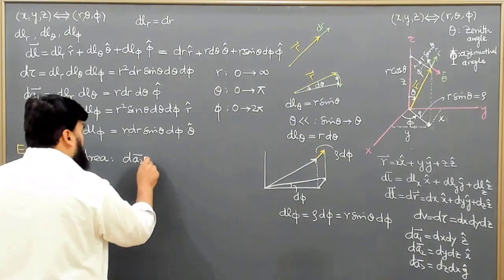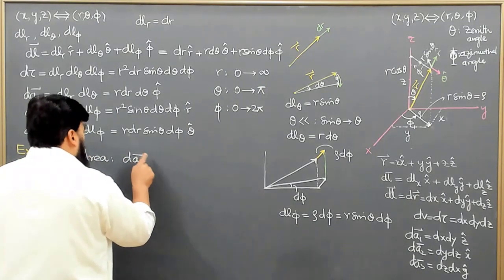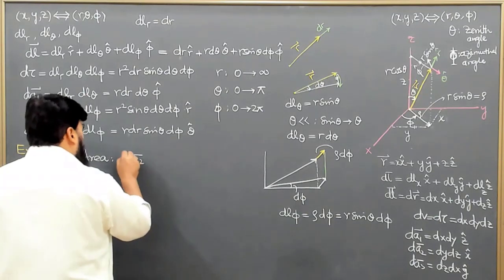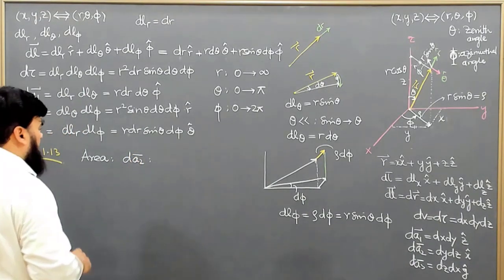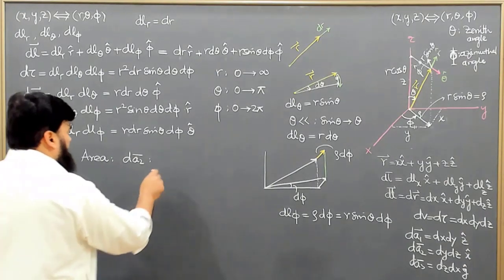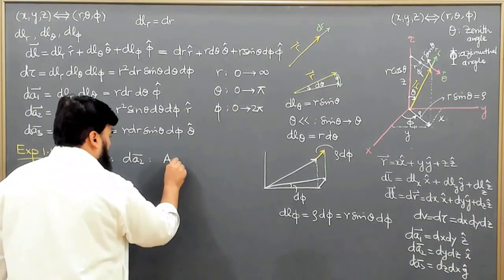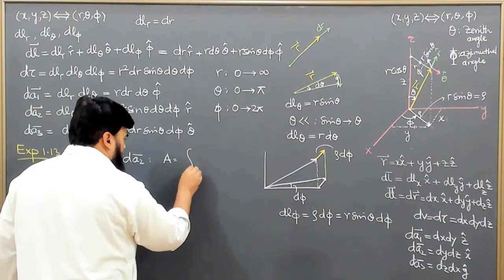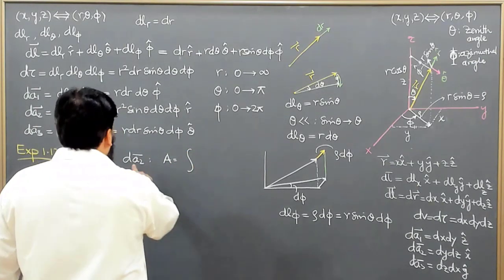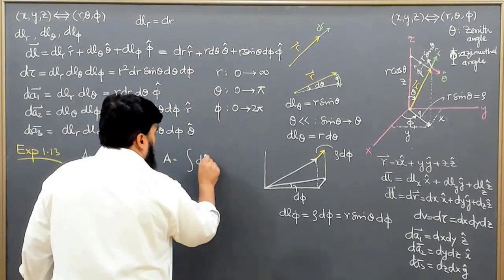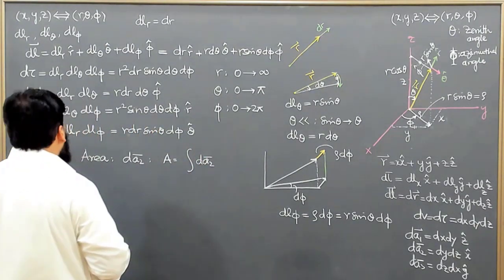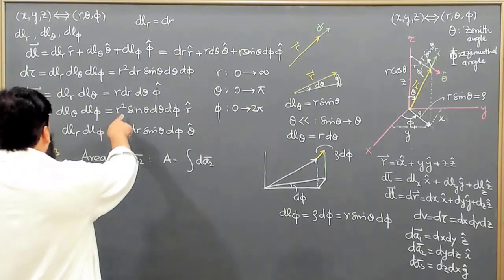So this is dA2. Now I will integrate this dA2 and it will give me the area of the sphere. So area equals the integral of dA2.